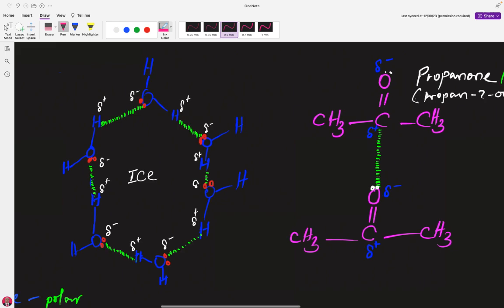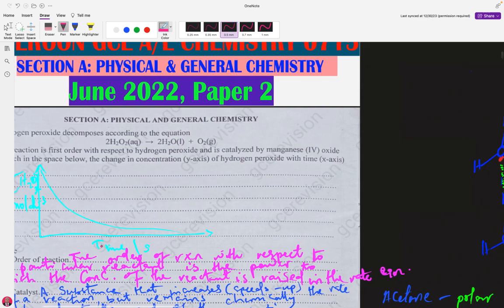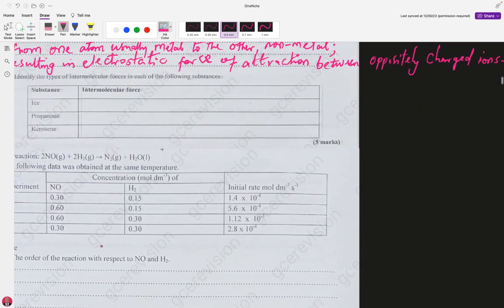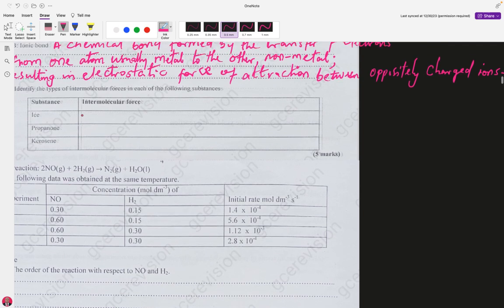So let's go to ice. Ice, as stated there, has an intermolecular force. So for ice, the type of force here is what?